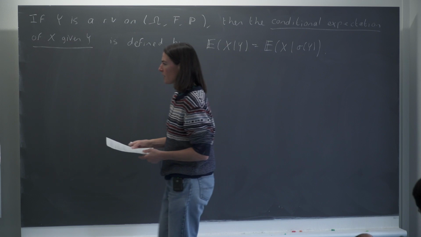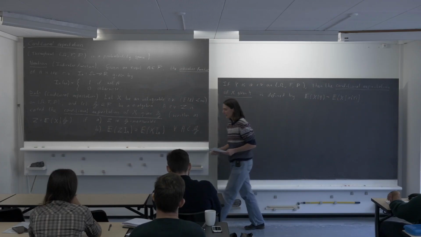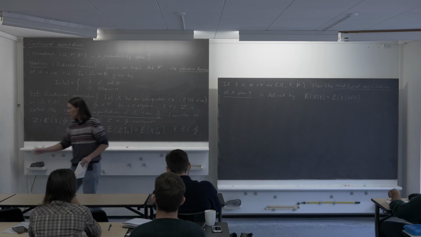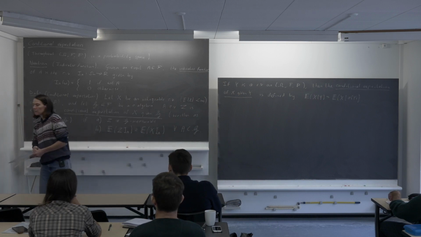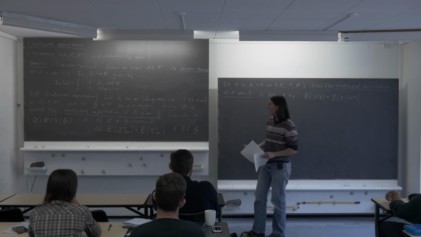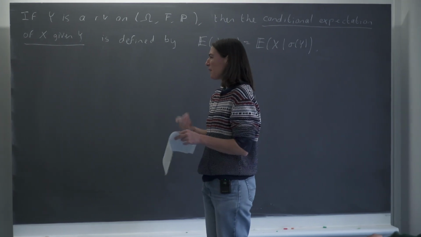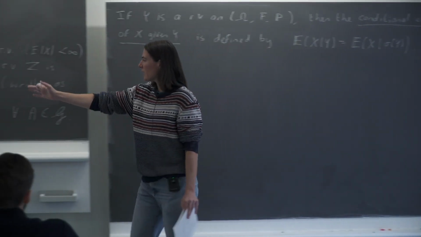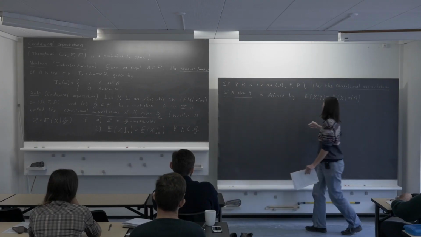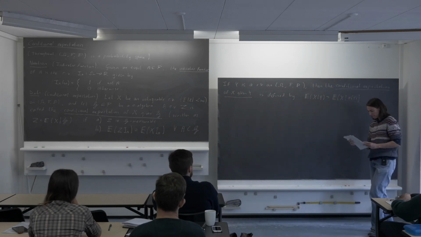So what I'm going to do now is write down a list of properties satisfied by conditional expectation, and when we start working with conditional expectations in our study of martingales, we'll see how we can manipulate these properties to reduce conditioning on a sigma algebra into conditioning on a random variable or something simpler than that.